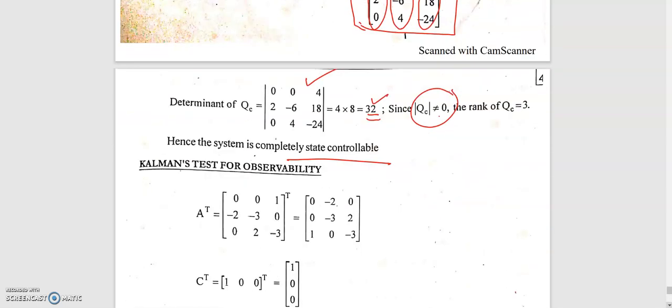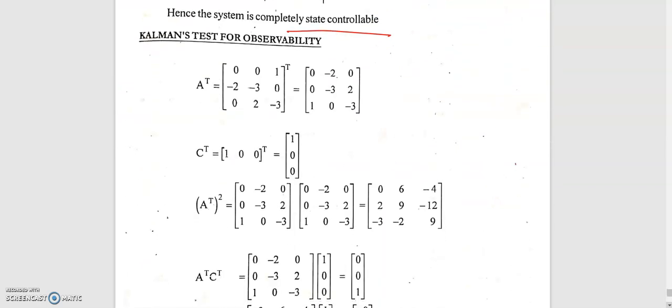Now to check the Kalman test for observability, you construct the matrix QO. QO is C transpose, A transpose C transpose, etc., up to A transpose raised to n minus 1 into C transpose. Here n minus 1 is 2. So first is C transpose.